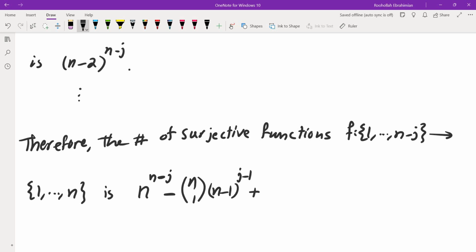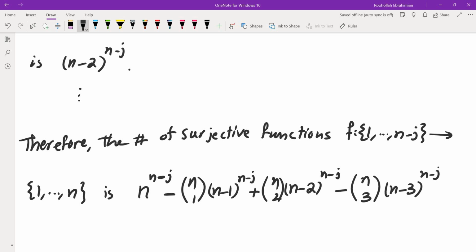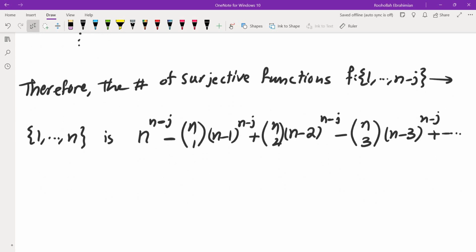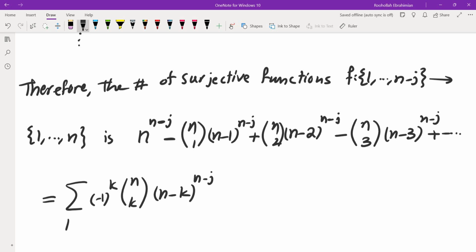So we'll have to add back the ones where 2 of them are not in the range, and that would be n choose 2, n minus 2 to the power of n minus j, and then minus n choose 3, n minus 3 to the power of n minus j, plus minus, etc. So this is the sum, negative 1 to the power of k, n choose k, n minus k to the power of n minus j, k equals 0 to n.